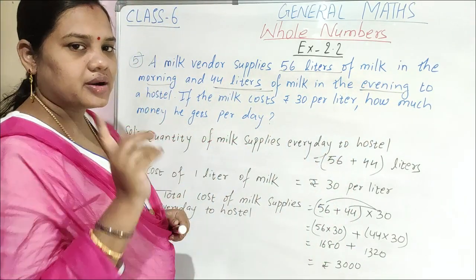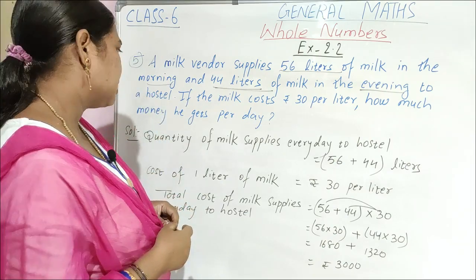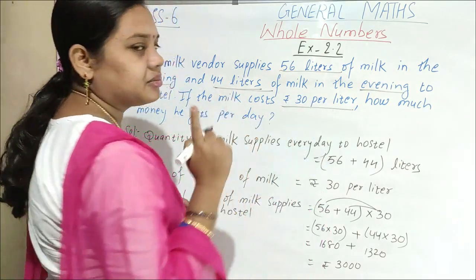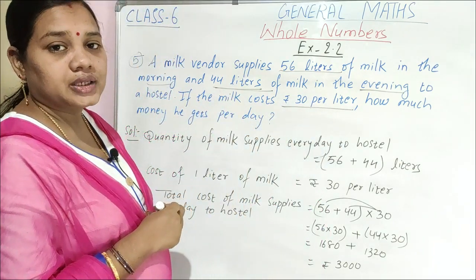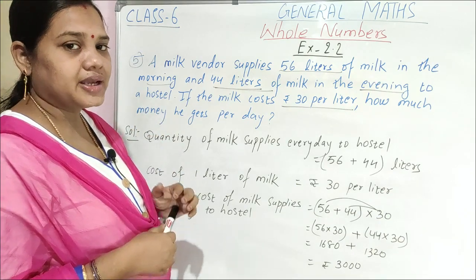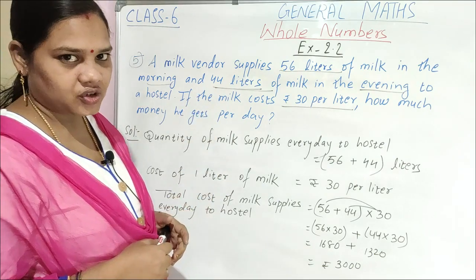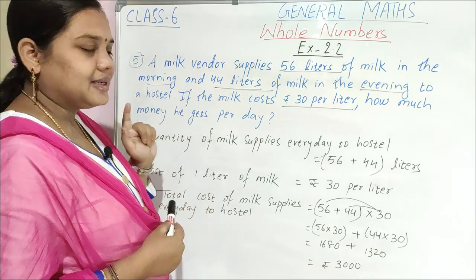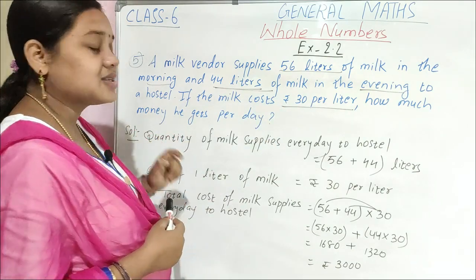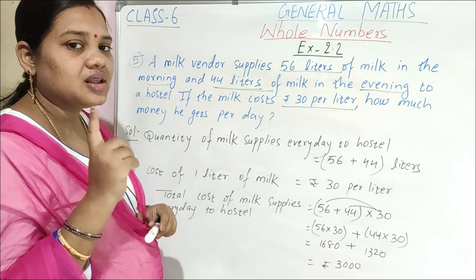If the milk costs 30 rupees per liter, 1 liter milk cost 30 rupees. Once again, morning 56 liters and evening 44 liters, and 1 liter milk cost is 30 rupees. How much money he gets per day?